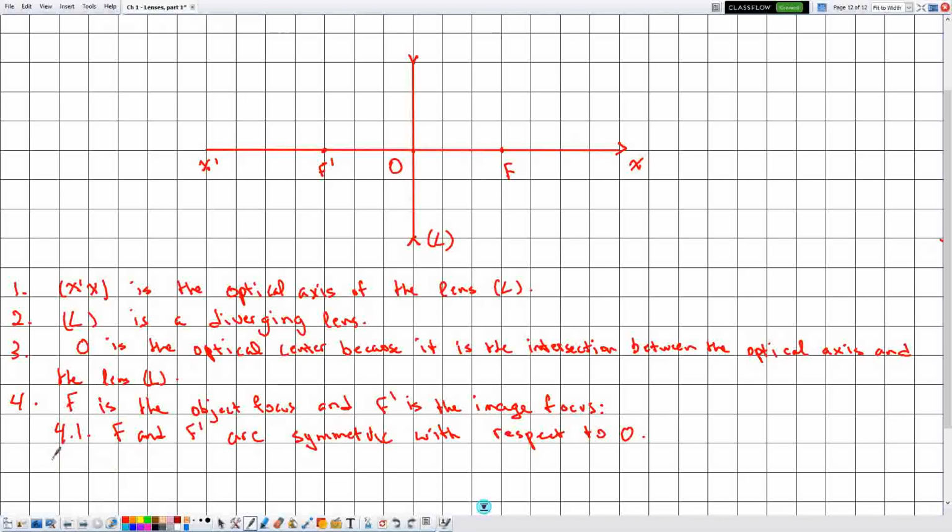Now let's define the focal length. The focal length, which is given by f is equal to O f prime bar.